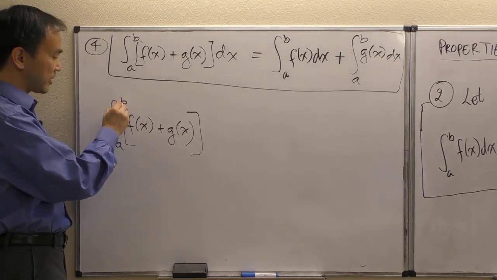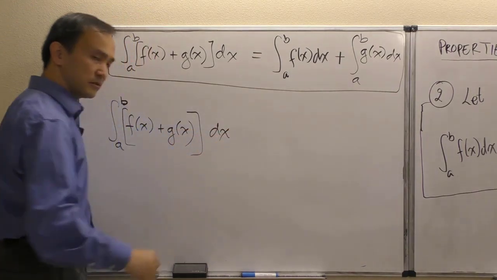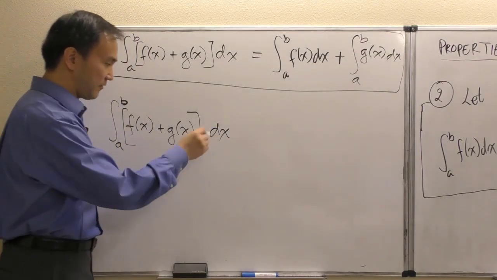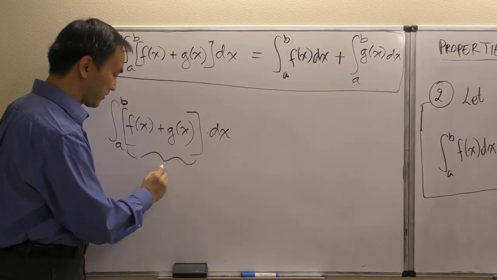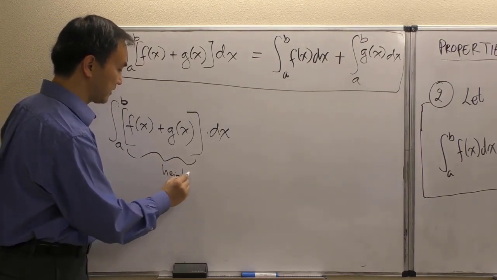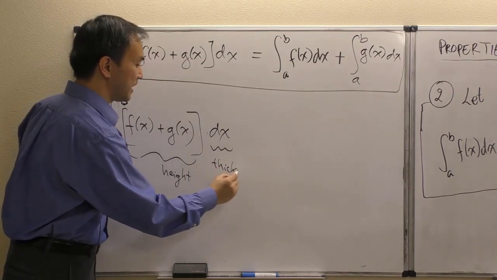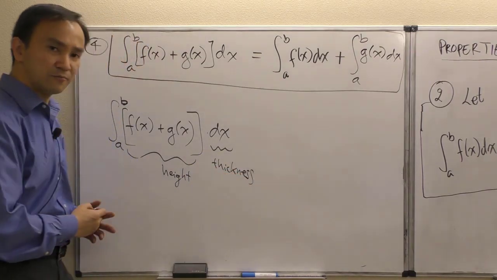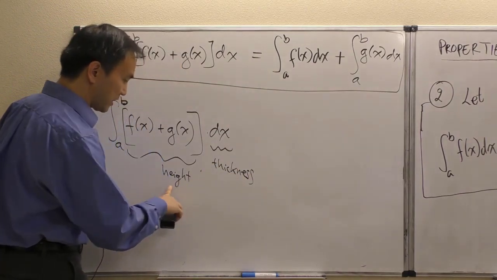We're taking the definite integral, accumulating from A to B, and each stripe has a thickness dx. And so this is our height, and this is our thickness. That's just a reminder, a product between the height and the thickness.